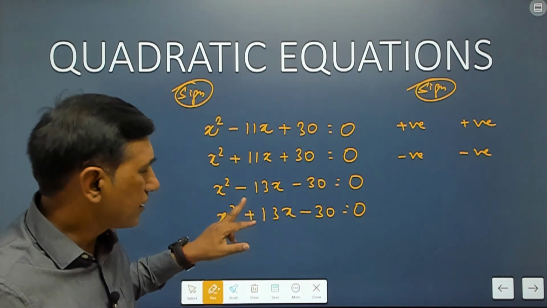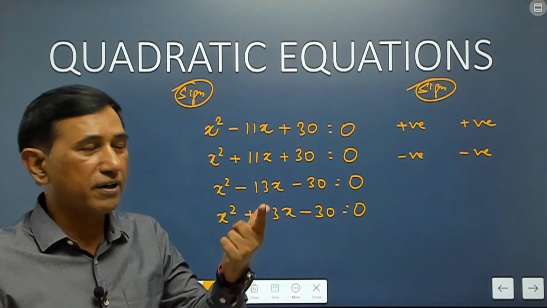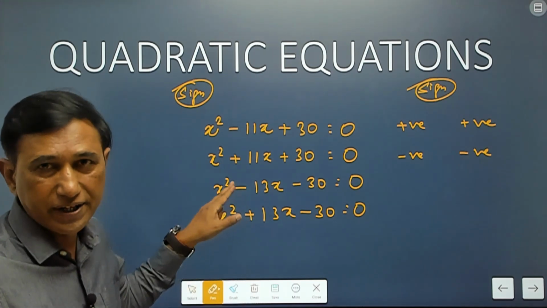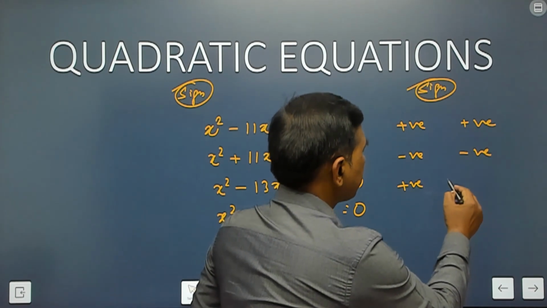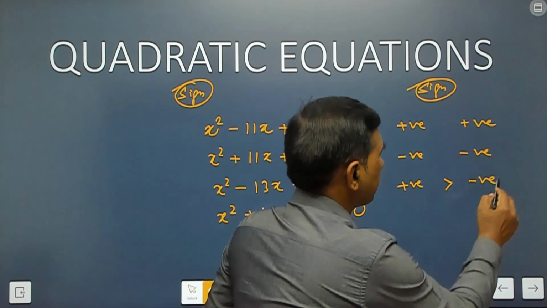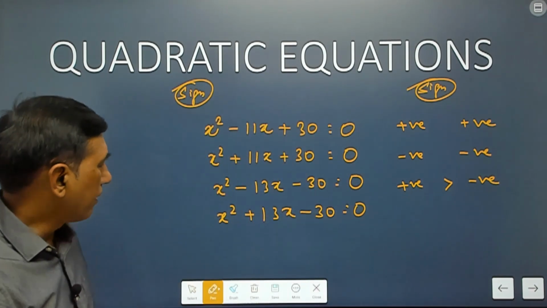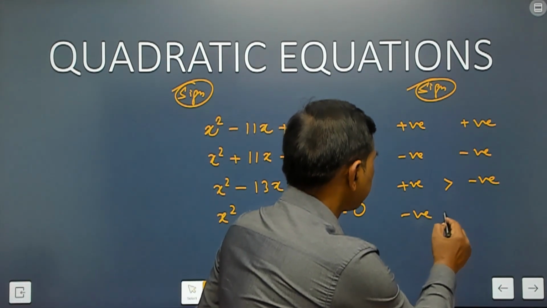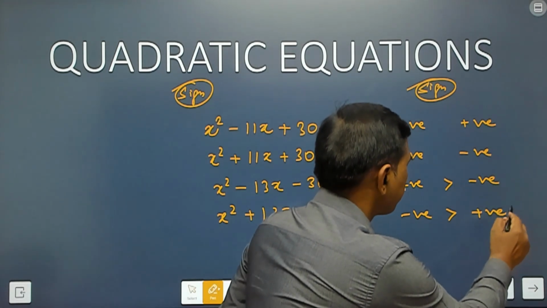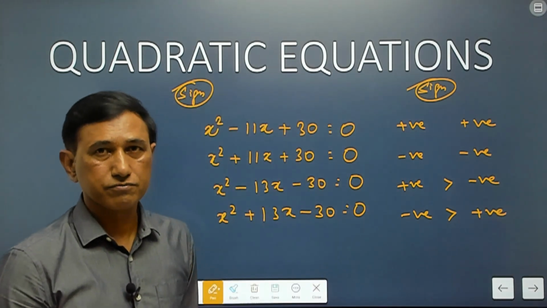In the other two, you have one positive and one negative. Wherever you have negative here, the positive root is greater than the negative root. And when you have a plus sign here, then the negative root is greater than the positive root.